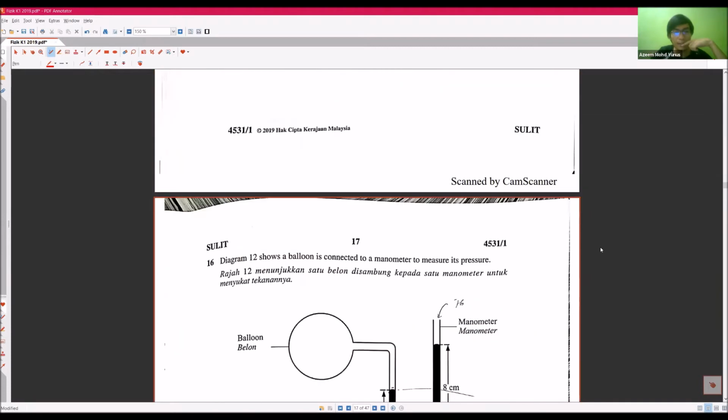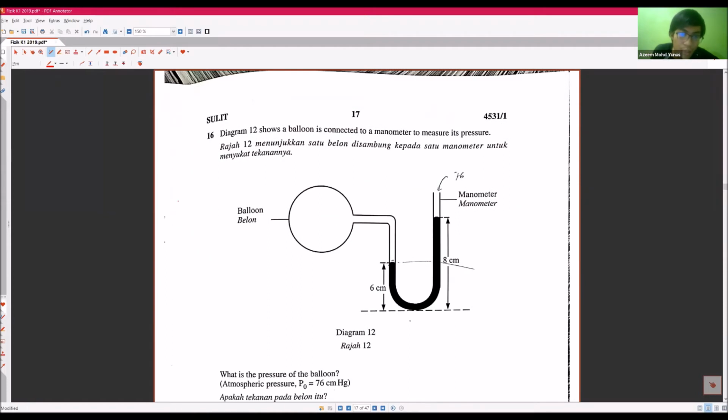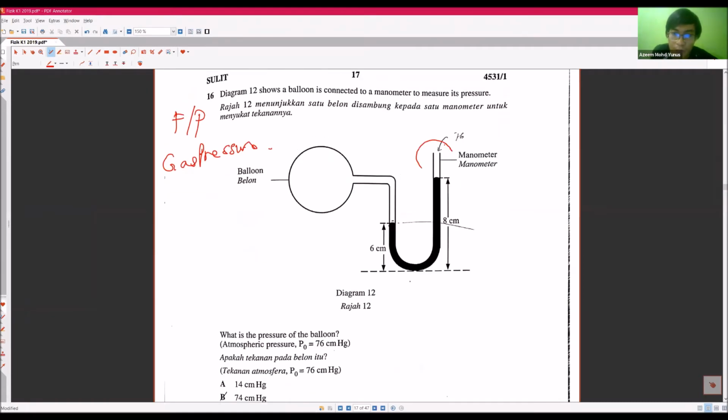Number 16. The diagram shows a balloon connected to a manometer to measure its pressure. So this is force and pressure, gas pressure or atmospheric pressure. What is the pressure of the balloon? We have open space here, so it must be P atm here. Again, if you see open space, then you must include atmospheric pressure. So this is the P gas.